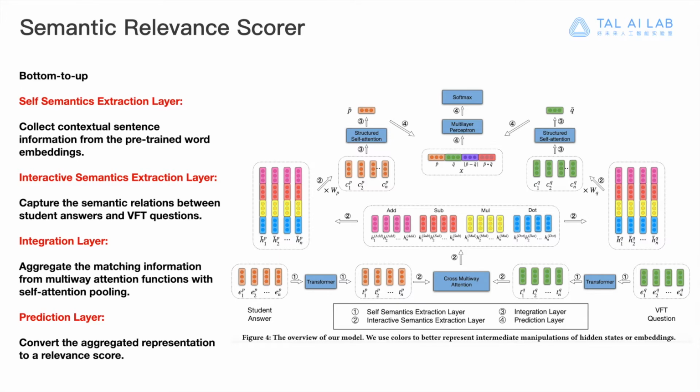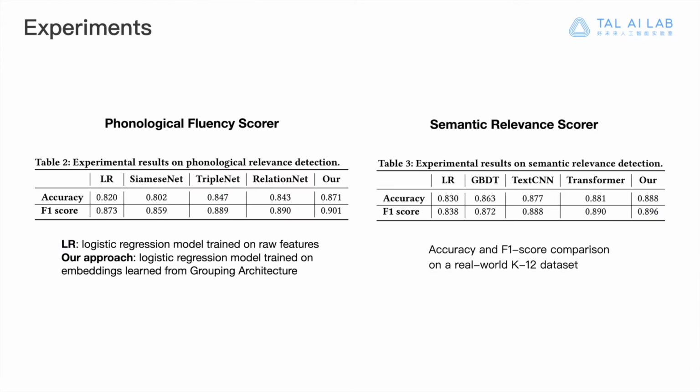Then we design the integration layer to aggregate the matching information from cross multi-way attention functions to a representation vector with a self-attention pooling method, and the final prediction layer to convert the extracted relevance features to a relevance score. The model is trained end-to-end, and we use cross-entropy as our loss function.